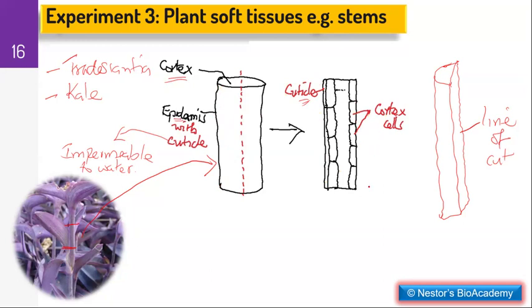This essentially means that the innermost cortex cells will easily gain more water, but these ones will gain less water. In terms of losing water also, these ones will lose more water, and these ones are likely to lose water at a lesser rate.